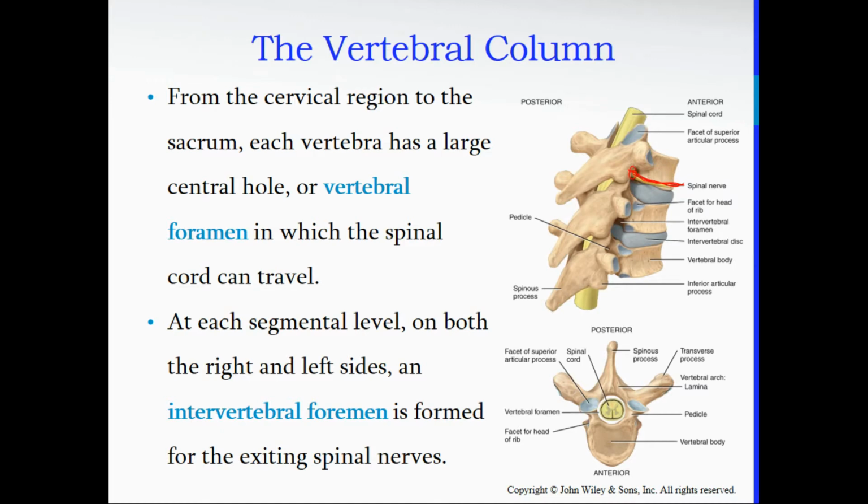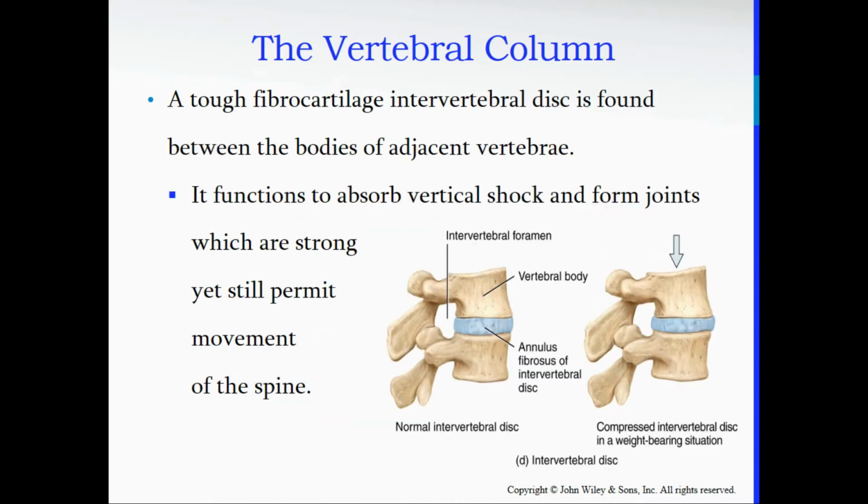They all have to branch off of the spinal cord somewhere, and they do that through the intervertebral foramen. Inter meaning intermediate or in between. So this is a hole that is in between two vertebrae, as its name would suggest.